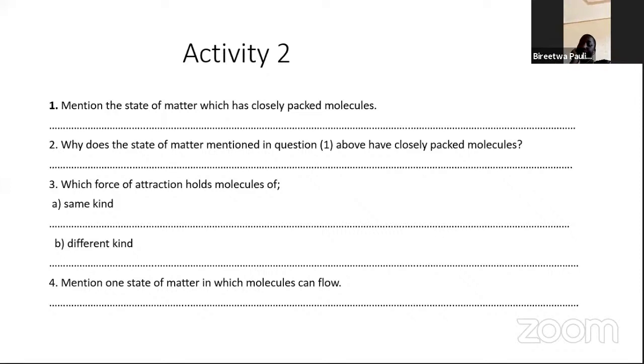Can I request Babidia Grace? Babidia Grace, please read for us number 4 and give us the answer. Mention one state of matter in which molecules can flow. Liquids.